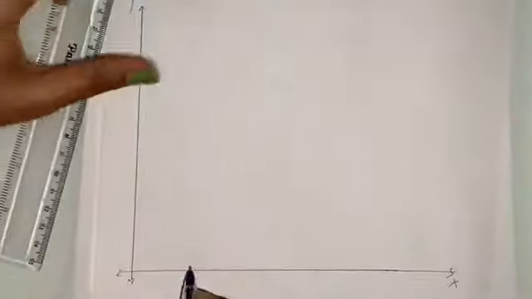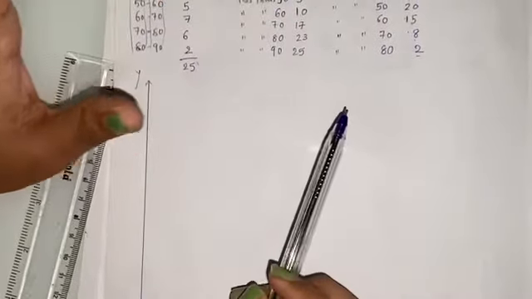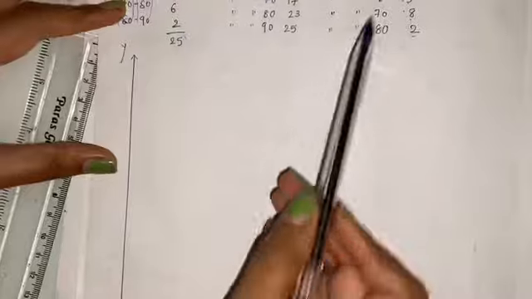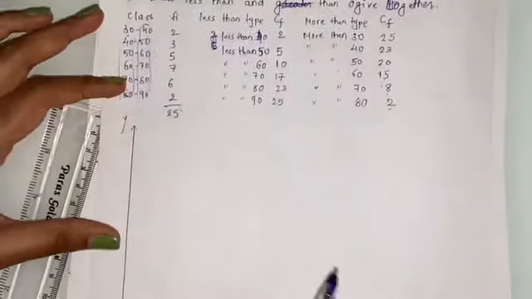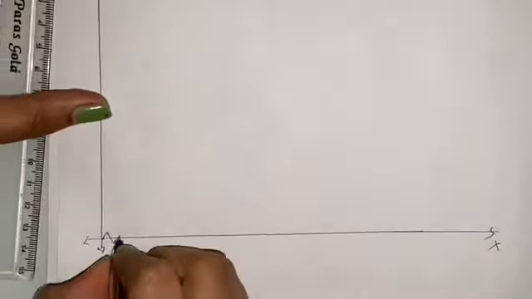This is your x-axis, y-axis. First of all, we'll draw less than type. We have 40, 50, 60 like that. So I will start from 30 because the minimum is 30 over here. So I will draw a spring here as I am starting from 30. So 30, 40, 50, 60, 70, 80, 90.